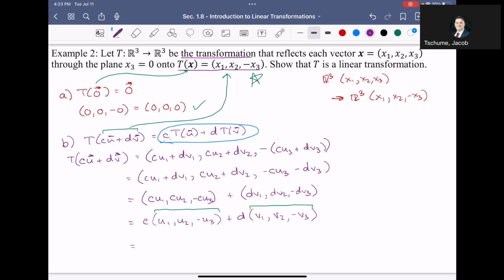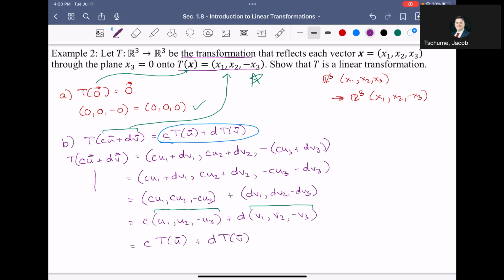So what we end up getting here is c times the u1, u2, negative u3, which just becomes the transformation of u, plus d, and likewise v1, v2, negative v3 becomes the transformation T of v. The fact that the letters are different doesn't make a difference, because it's the same transformation on a different vector.